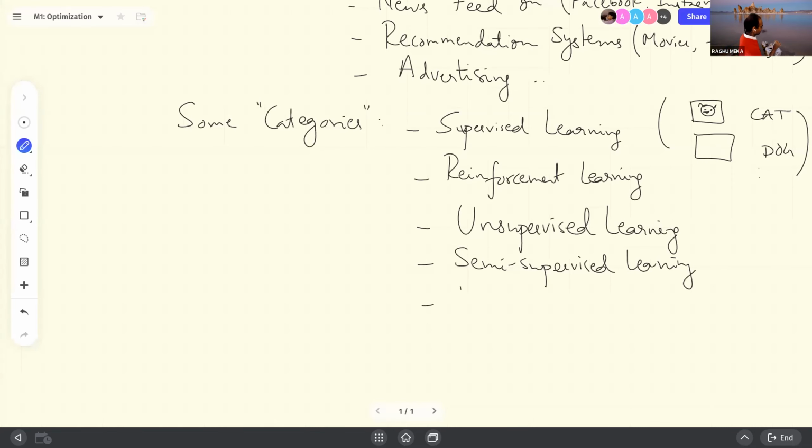And there are things like active learning, which is the kind of learning that we do, right? There's a course, this is what I'm doing now is supervised learning. But then you come and ask me a question based on what is unclear to you, right? So you're actively seeking out what's the next bit of information that would be most useful for you, right?